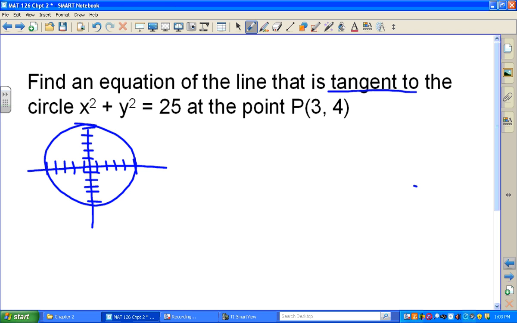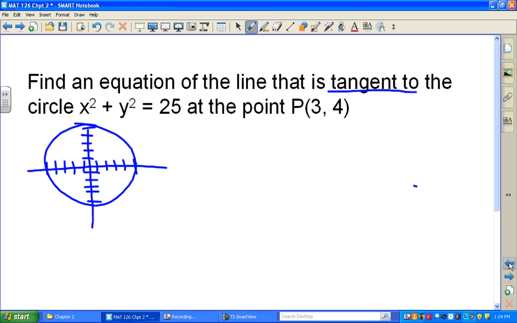All right. There it is. Radius of 5, centered at the origin. 3, 4, is that on the graph or off the graph? That's always the first question that you have to ask yourself when it comes to a tangent line problem.